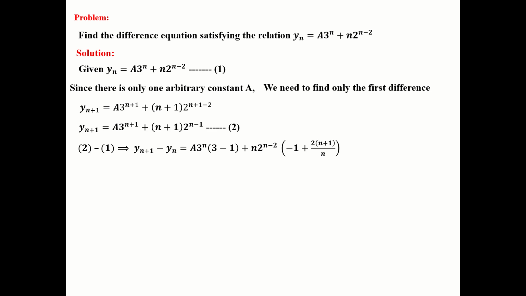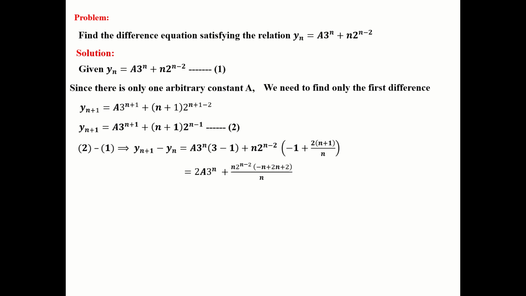So in the second one, you need 2 power n minus 2 instead of 2 power n minus 1. So multiplying 2 and 2 power minus 1, you have 2 into n plus 1, and you have taken n outside, divided by n. So this is equal to 2 into a 3 power n, 3 minus 1 is 2, plus n into 2 power n minus 2.